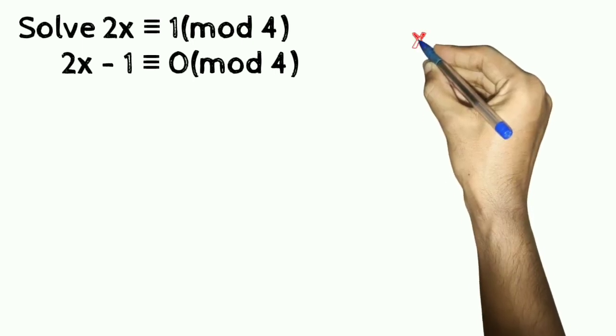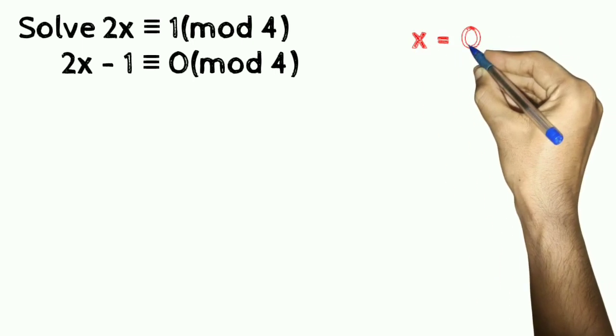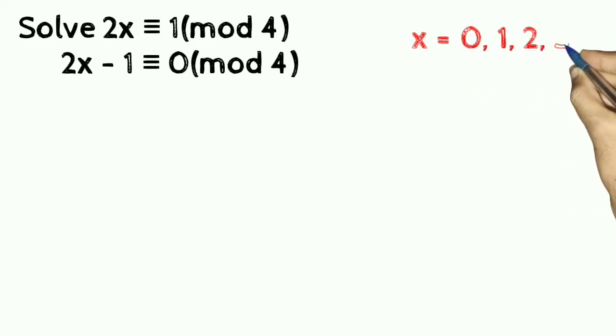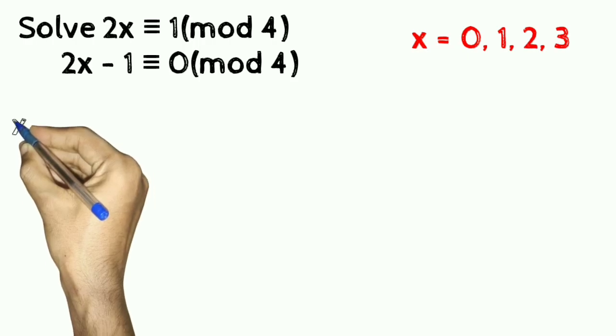Our n here is 4. Therefore, we will try x is equal to 0, 1, 2, and 3. Always start with 0 and end with the integer before 4. And the integer before 4 is 3. That's why we will try x is equal to 0, 1, 2, and 3.